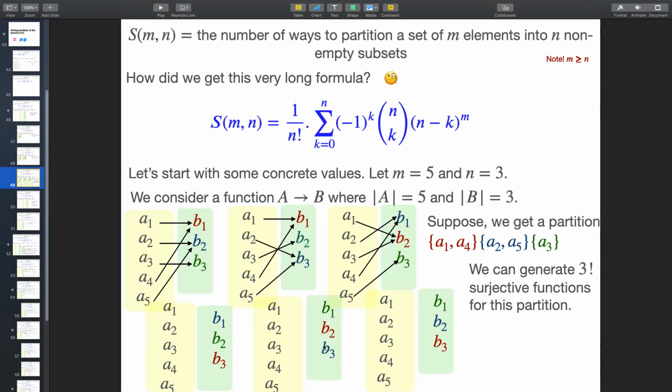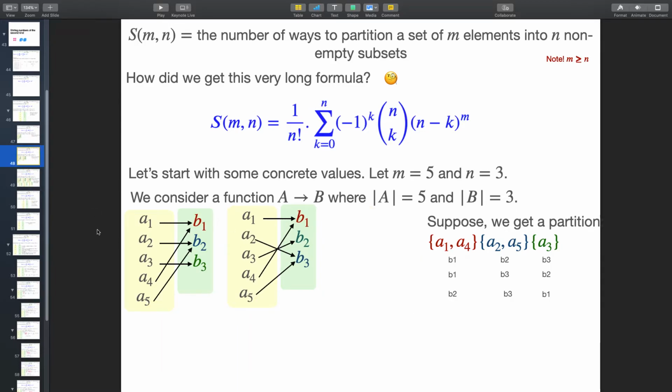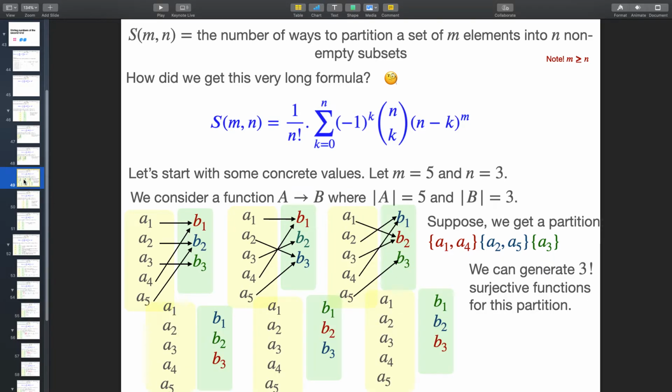Hindi ko na pinilapan yung iba kasi dami eh. Ang daming arrows na ituturo. Pero I think, so ito, B2, B3, B1. Ayan. So, ito yung illustration ng B2, B3, B1. So, yeah, for every partition, we can generate 3 factorial surjective functions.